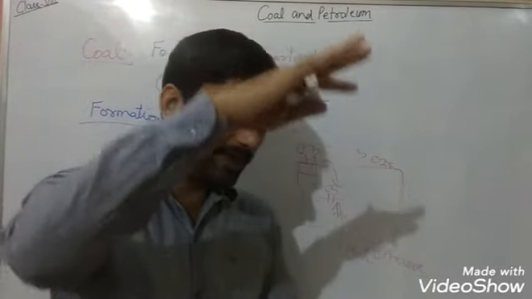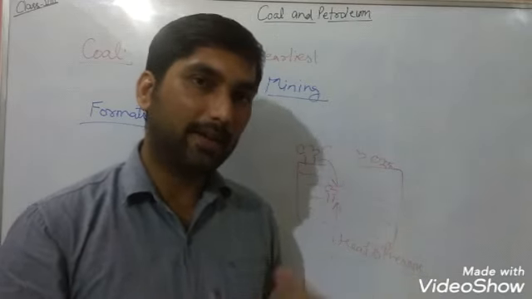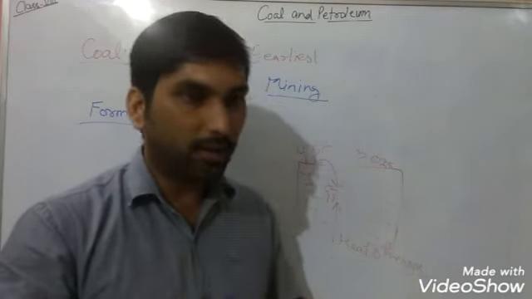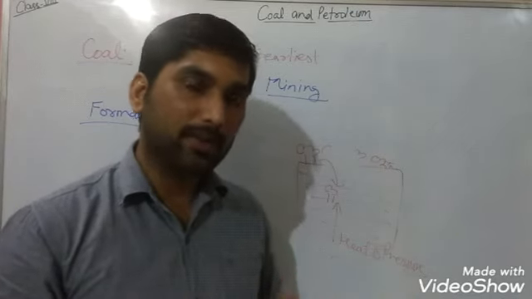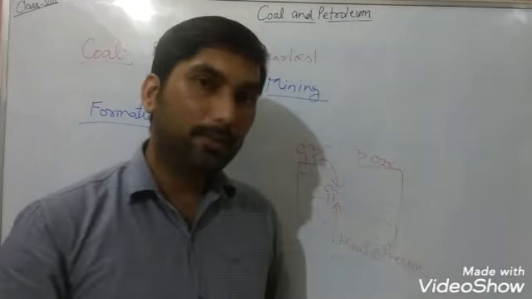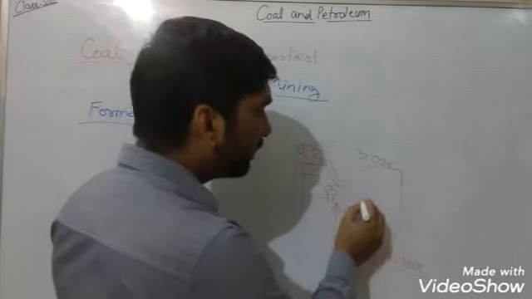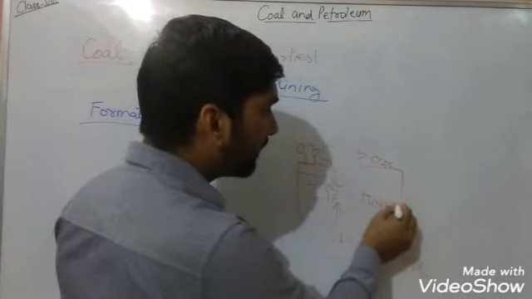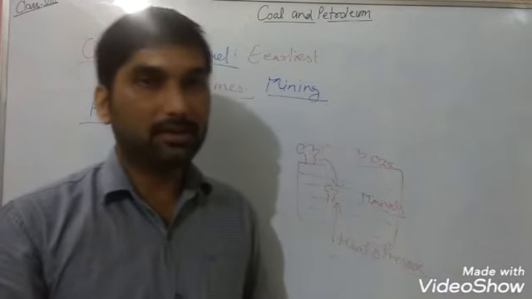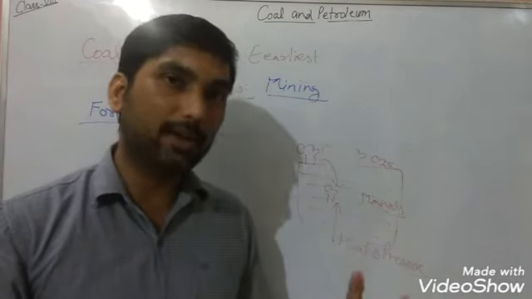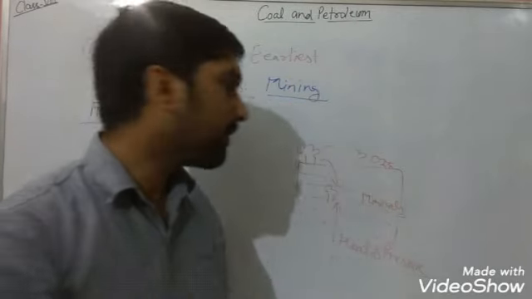Due to the crushing by earth layers, the moisture content present in their bodies evaporated, and a few of the organic compounds in their bodies reacted with the minerals present in the soil, and they changed their appearance into the form we observe nowadays as coal and petroleum.